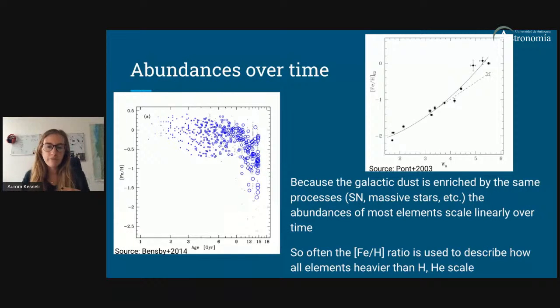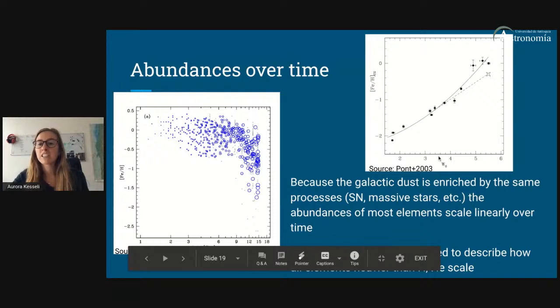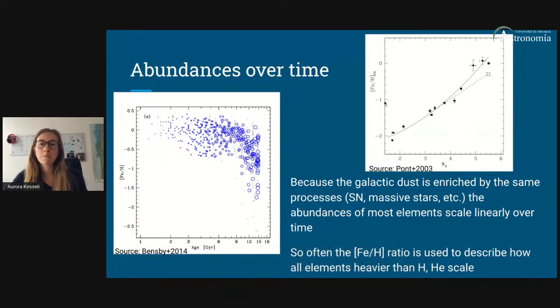And on average, because the dust and the gas is being enriched by the same processes, supernova and massive stars, the abundances of most elements scale linearly over time. So here's a plot showing the equivalent width of calcium versus the iron to hydrogen ratio.